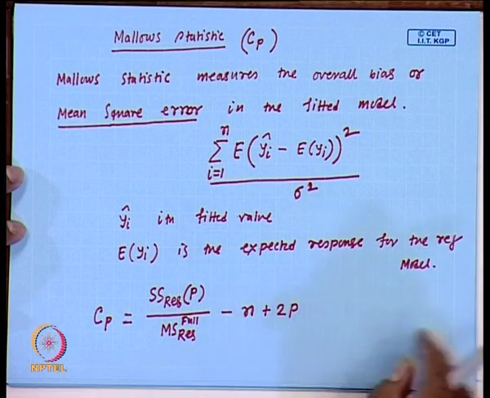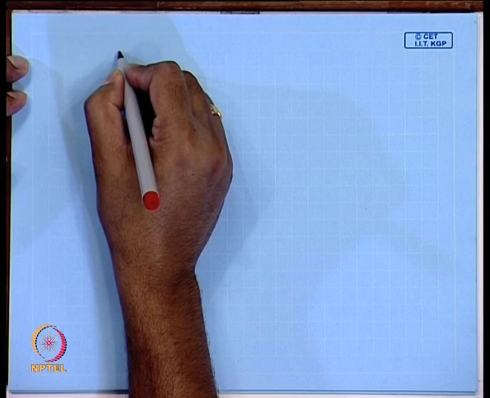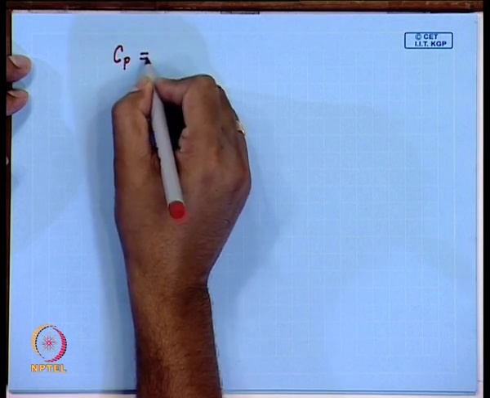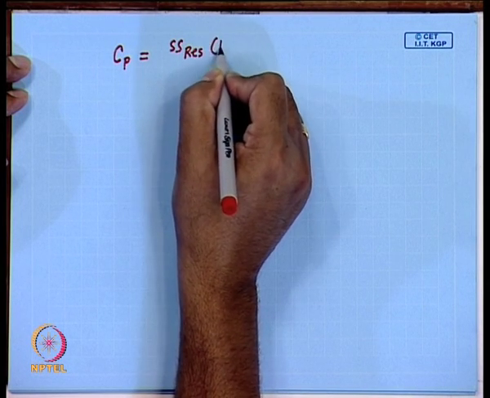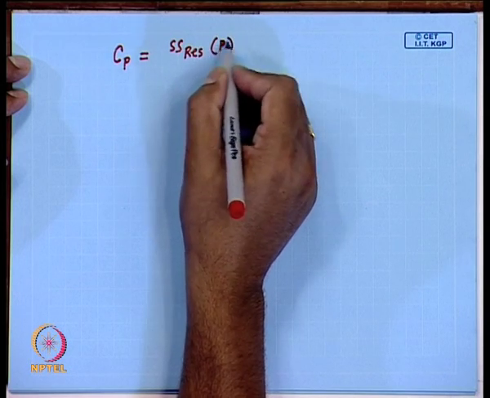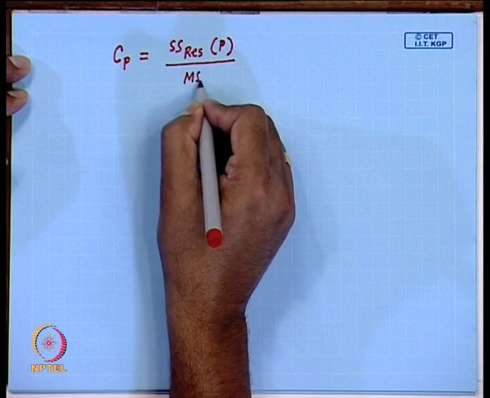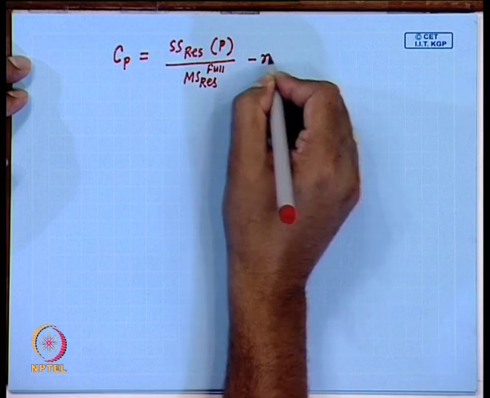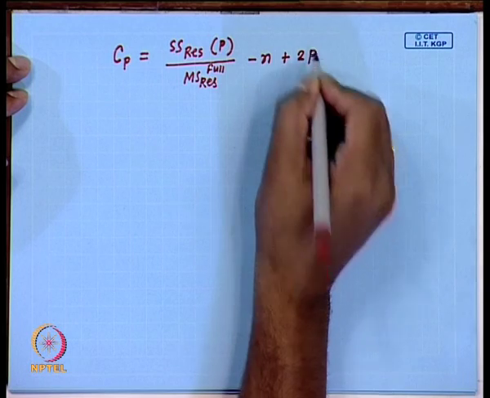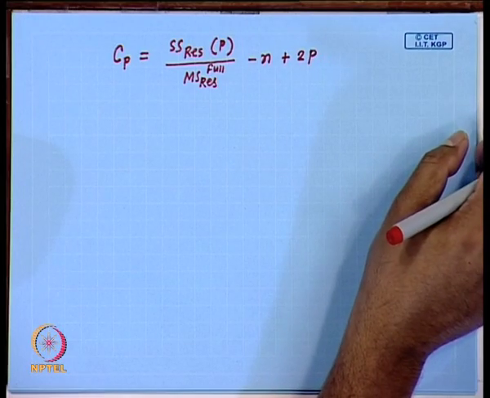Okay. So, here is the expression for Cp. Let me write again, Cp equal to SS residual for the model involving p minus 1 regressors, divided by MS residual for the full model, minus n plus 2p, and p is the number of unknown parameters in the model.